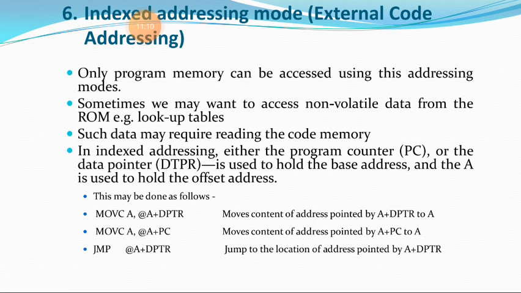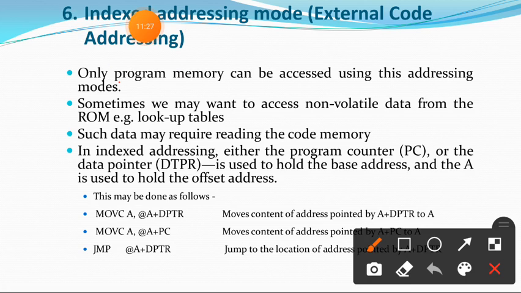The next one is indexed addressing mode, also known as external code addressing. Here only program memory can be accessed using this addressing mode. That is an important thing: program memory, only program memory. There are two types of memories, the data memory and program memory.